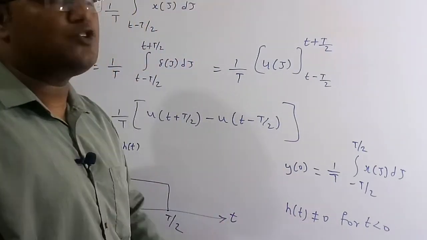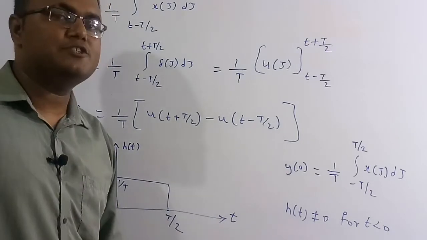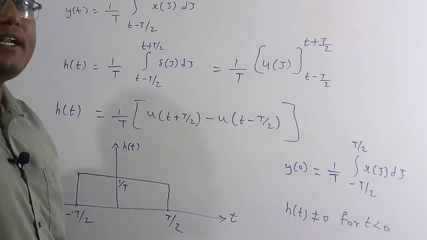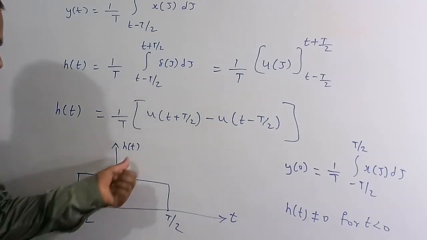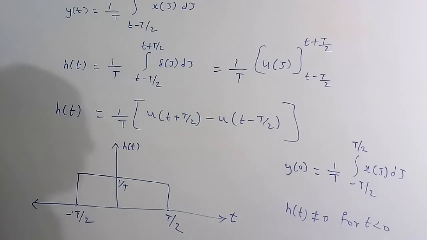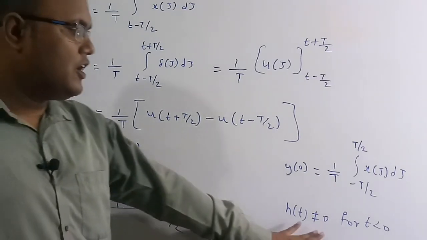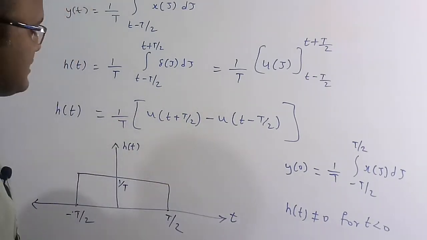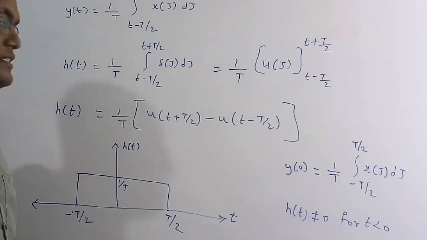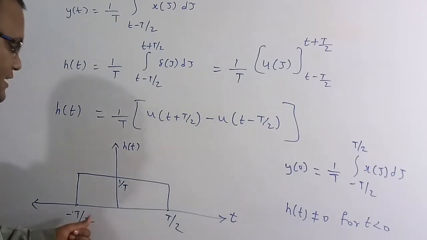In another fashion also, by just seeing the impulse response, we can tell that. See, here h of t has a non-zero value at t less than 0. So we can conclude that this system is a non-causal system. If the impulse response has zero value for t less than 0, then we say the system is causal, but here it is not equal to 0.